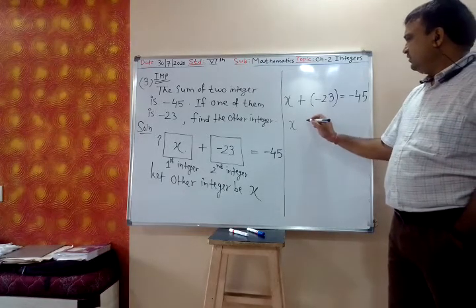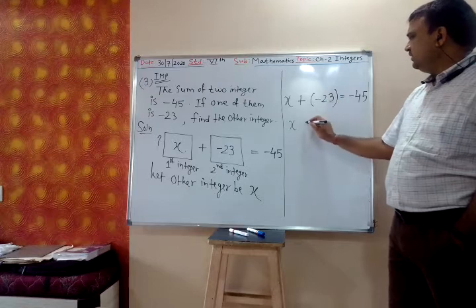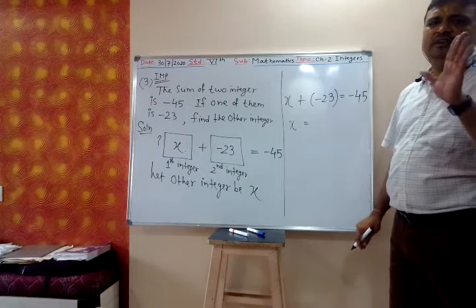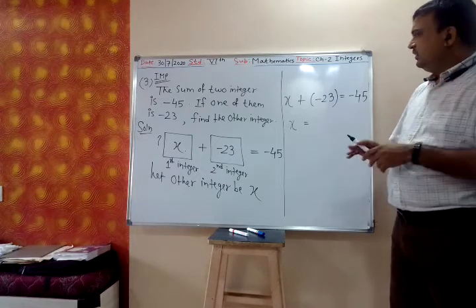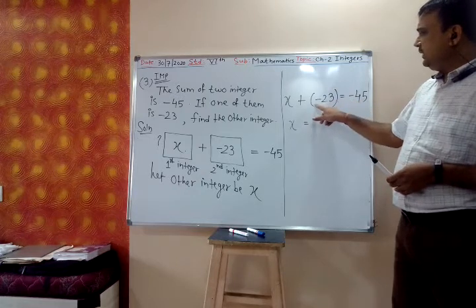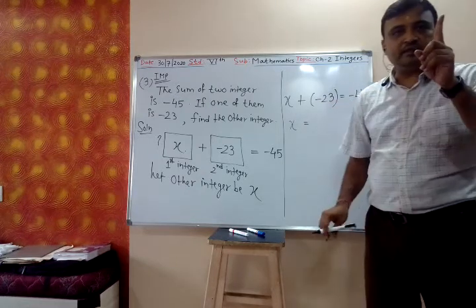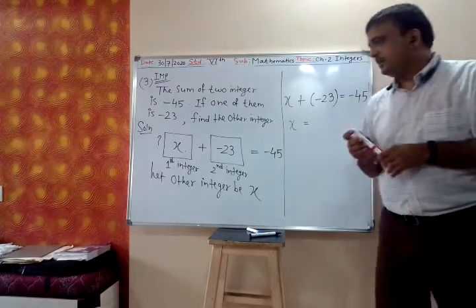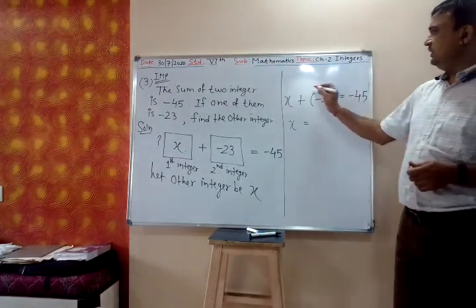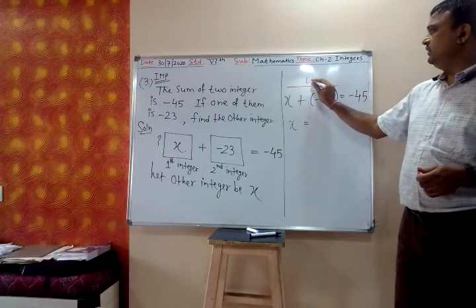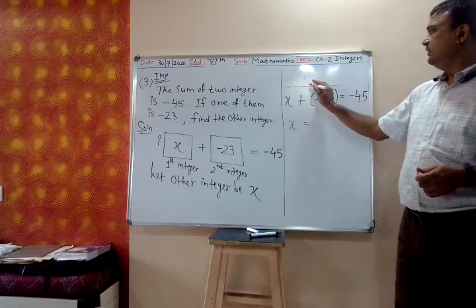Now see here, we are taking this. So x plus minus 23 is minus 45. This minus 23, now remember this. This is the most important part of mathematics which I am going to tell you. See here, this is my left hand side.